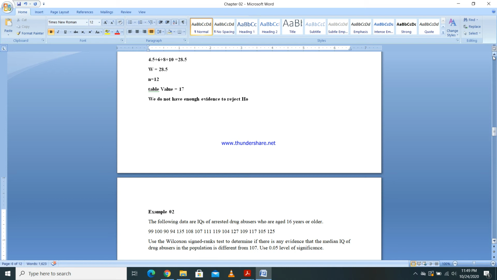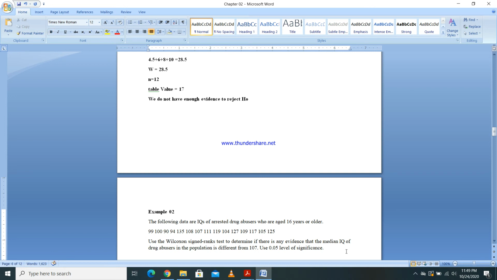And these IQ values are obtained from a set of drug abusers. So we need to find out whether the median value of the IQ is equal to 107, or is it different from 107, right?